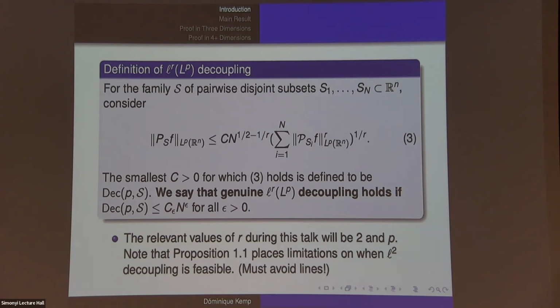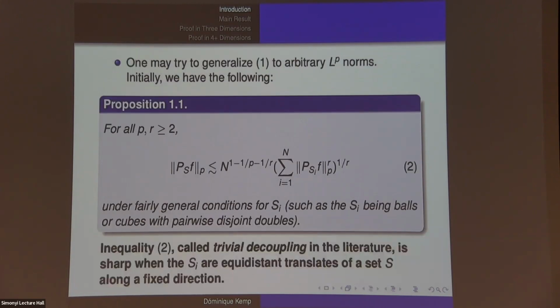But in particular, modulo that loss, there is no positive power of n, whereas trivial decoupling is telling us that there must be, right? Well, you would have here 1/2 minus 1 over p for L2 decoupling, if r is equal to 2. That exponent would be 1/2 minus 1 over p, which in particular is positive when p is larger than 2.